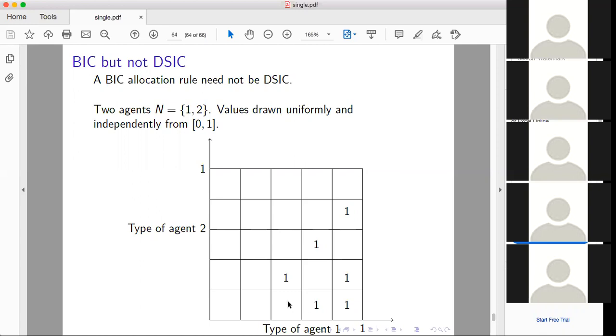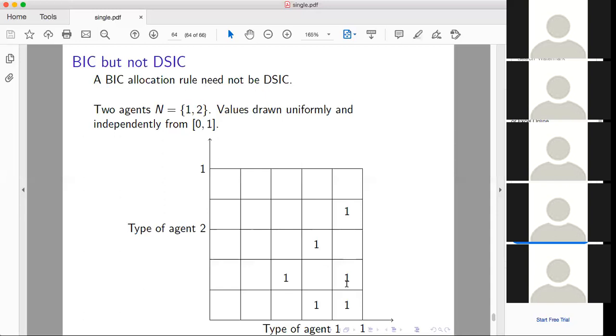And moreover, the interim allocation probabilities of every type remain the same. So it's 0, 0, 1 by 5 here also, because we only moved it down, 2 by 5 here and 3 by 5. So it seems like, even though BIC seems like a weaker condition, there is a quote unquote equivalent DSIC mechanism which can achieve the same interim allocation probabilities.